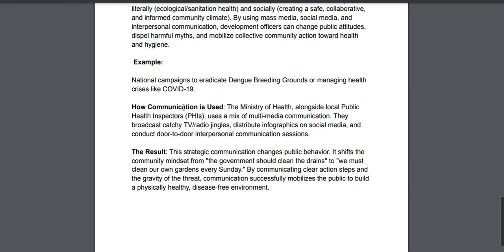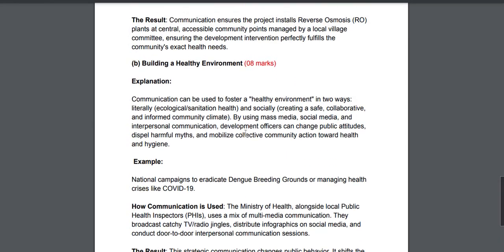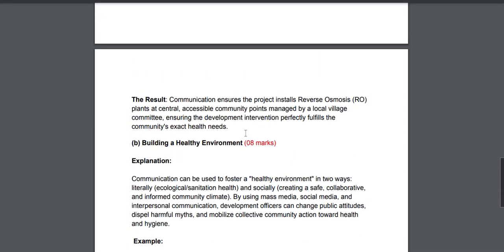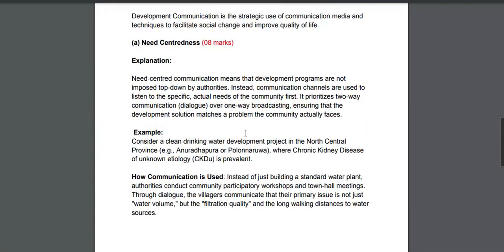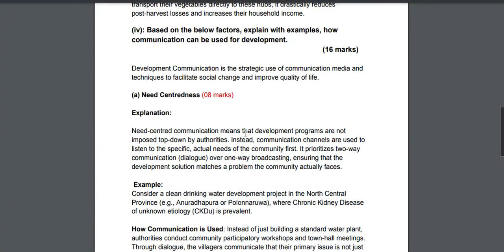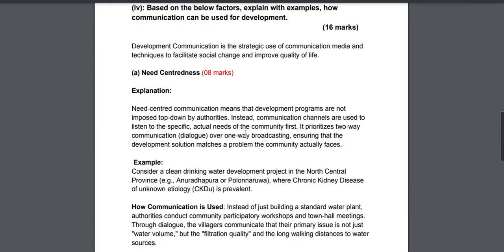Here you can see we can use social media to do this process, right? So these are the things that you can use as examples. Write those things separately, and here also I have mentioned these things to give you a clear understanding of how you can use these examples.